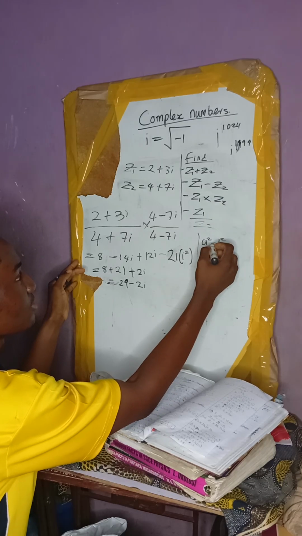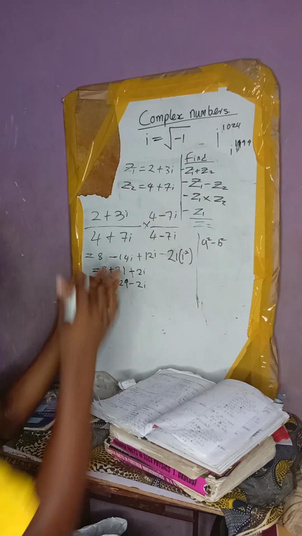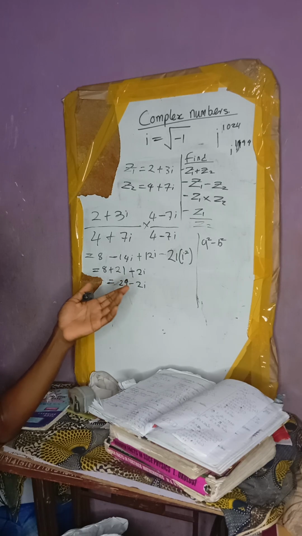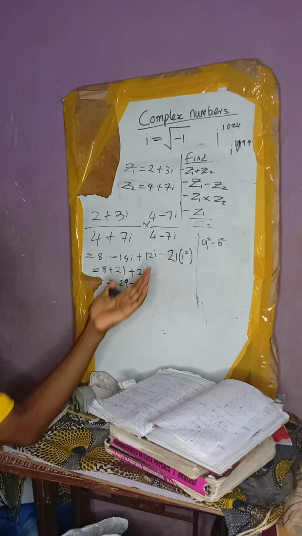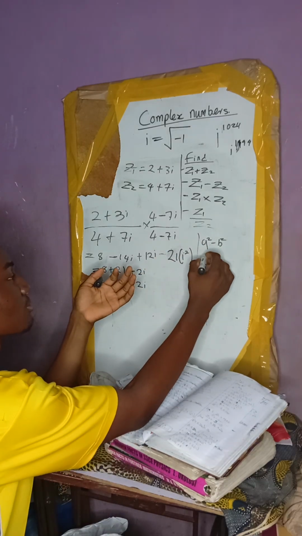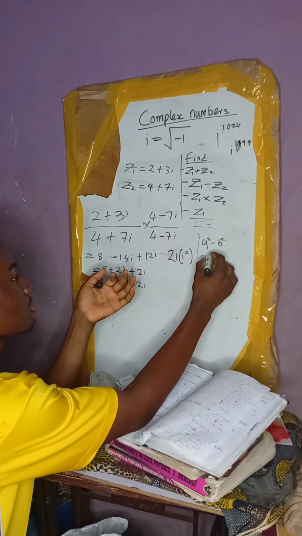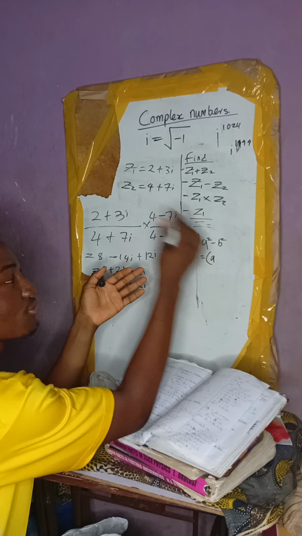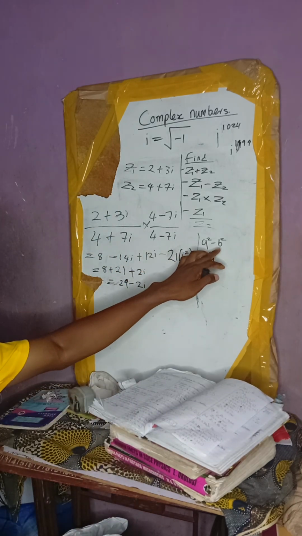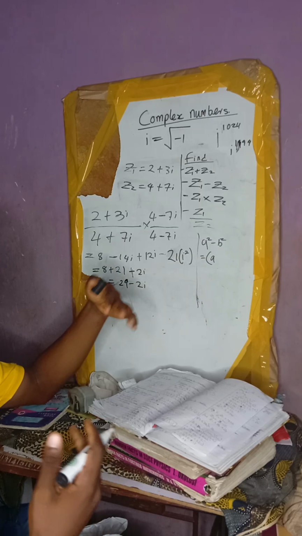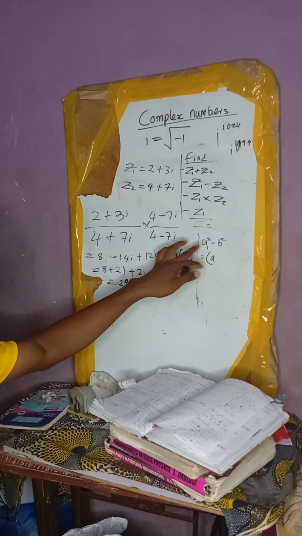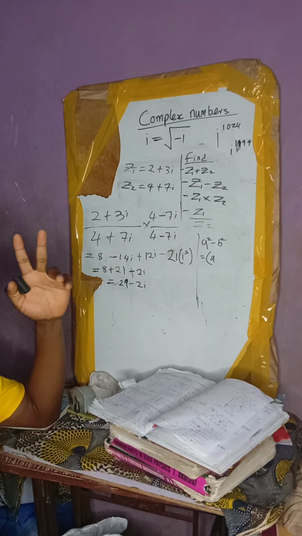You might be thinking you must first know what a or b is before you can simplify this. No, you don't even need to know it. This is a square, this is a square. What is minus? Minus means difference. So this is the difference of two squares.